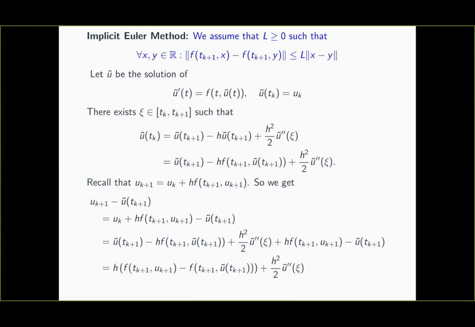Okay, and now we substitute the ordinary differential equation, which u tilde satisfies. And so we can also write this as u tilde at t_{k+1} minus h times f of t_{k+1}, u tilde at t_{k+1}, plus h squared over 2 times u tilde prime prime of xi.